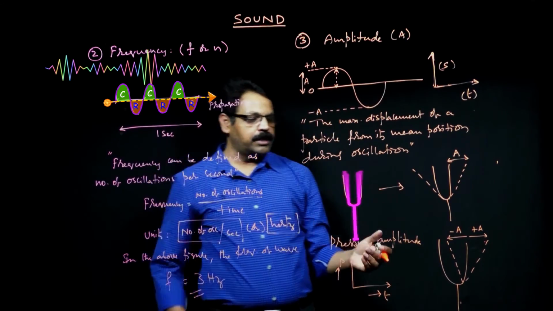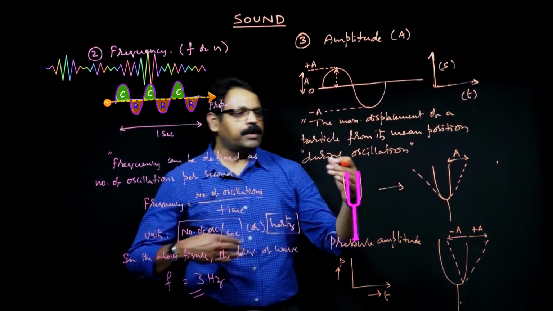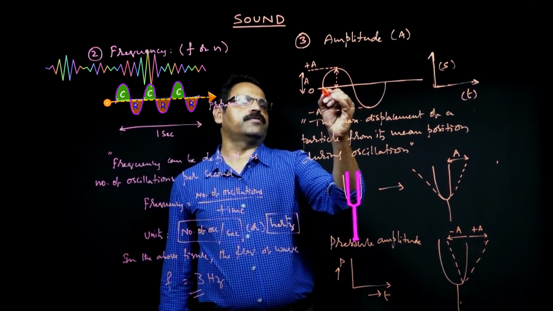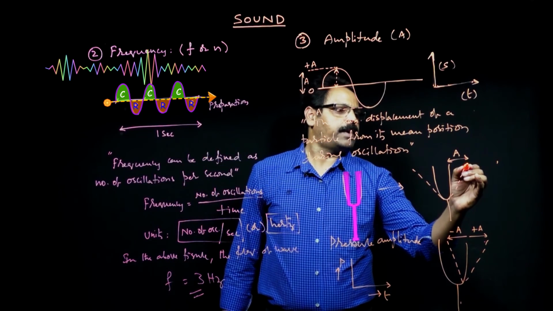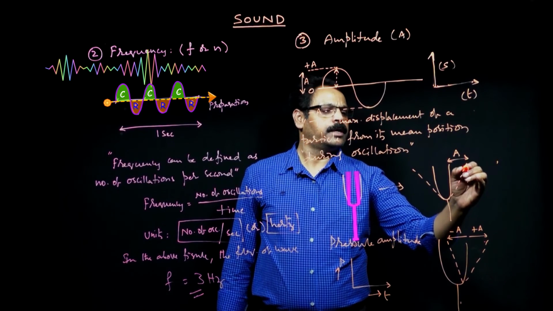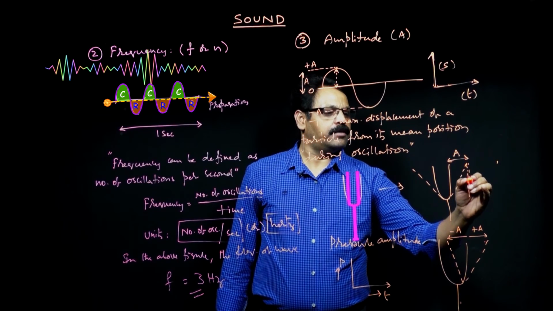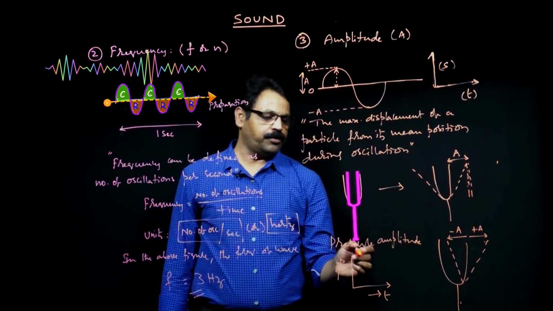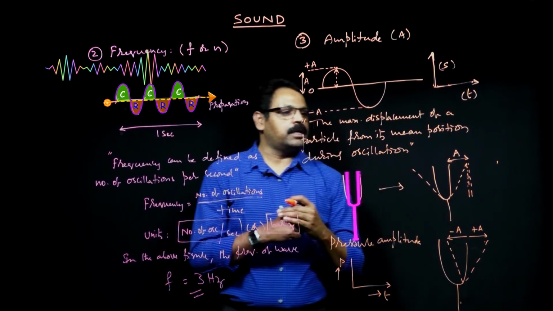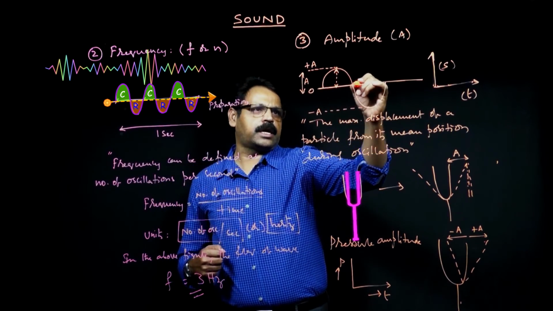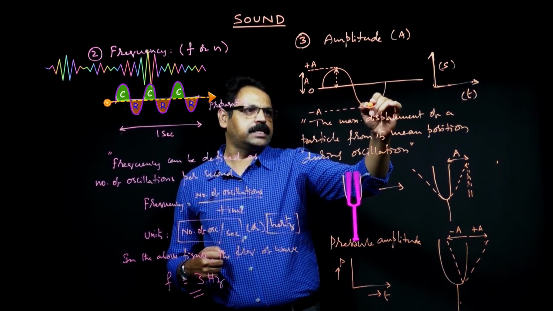Pressure amplitude can be defined as the maximum pressure that a particle experiences. Whenever the prong is pushing the air particles, the particle will experience a maximum pressure, and whenever it is coming back, it is relieved of the pressure. Therefore, the pressure values increase and reach the maximum, come back to 0, then again increase in the negative order.